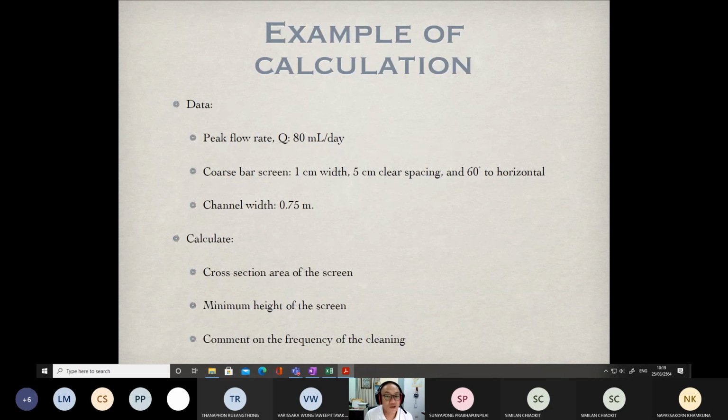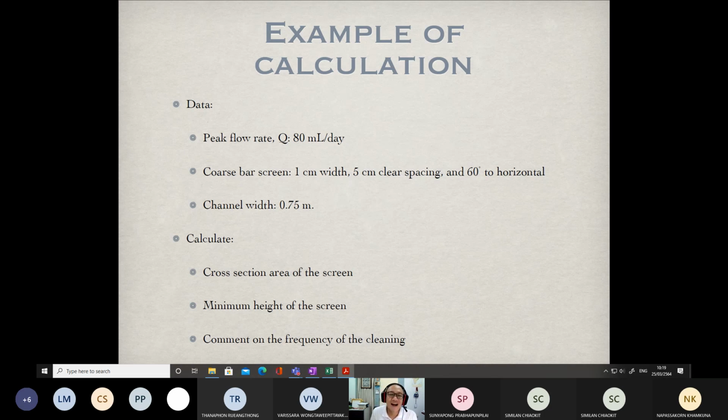Examples of the calculation. So these are the questions. You will be given the data, the peak flow rate, Q. Just be noticed that we use the peak flow to design the screen.